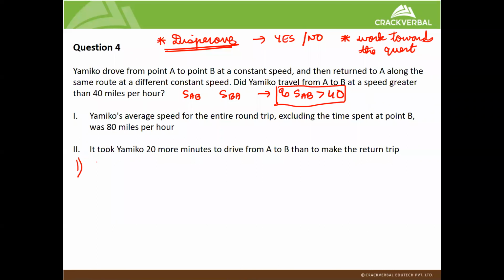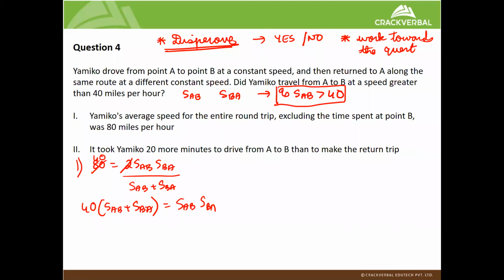So the average speed, that's 80, is actually 2AB by A plus B, that's 2 SAB into SBA divided by SAB plus SBA. So this is what the first statement gives me. 2 ones are 2, 40s are 40. So I'm going to say 40 into SAB plus SBA is equal to SAB into SBA.